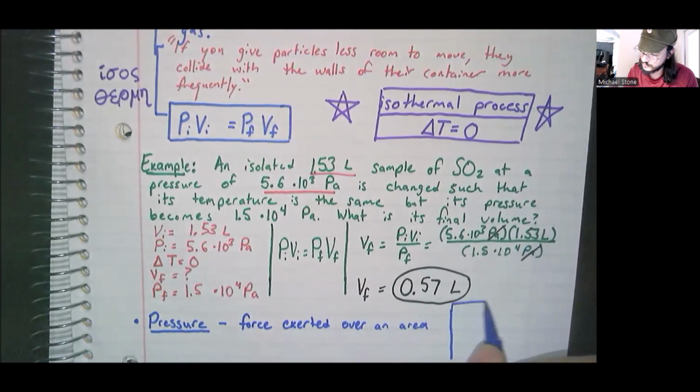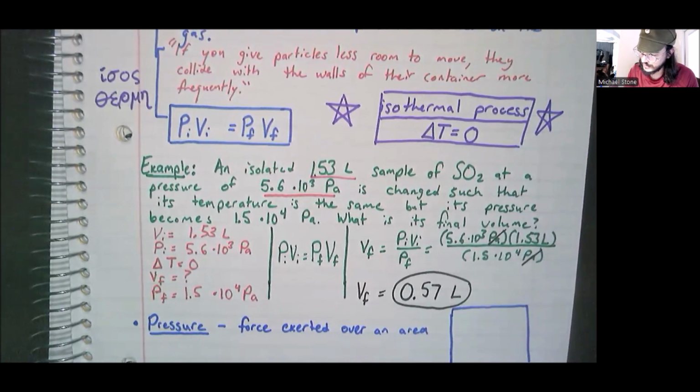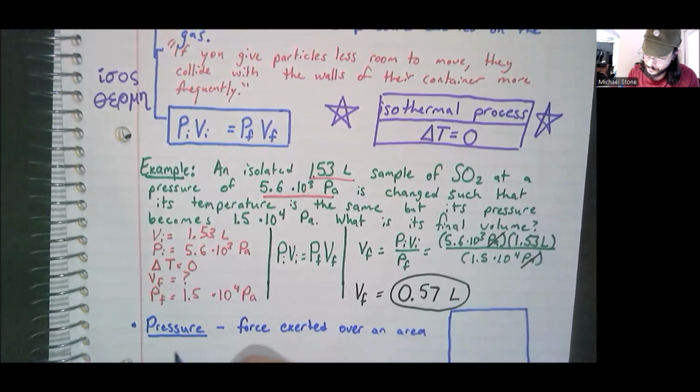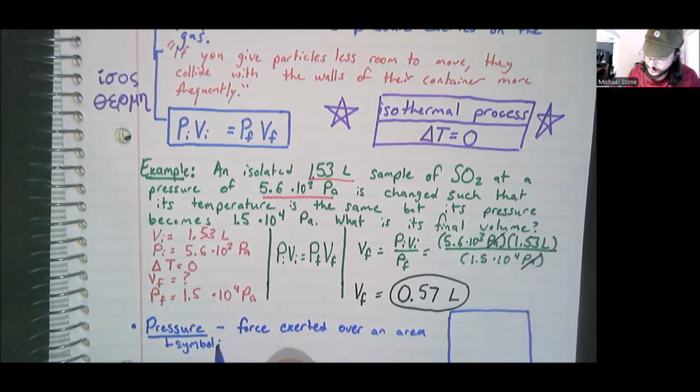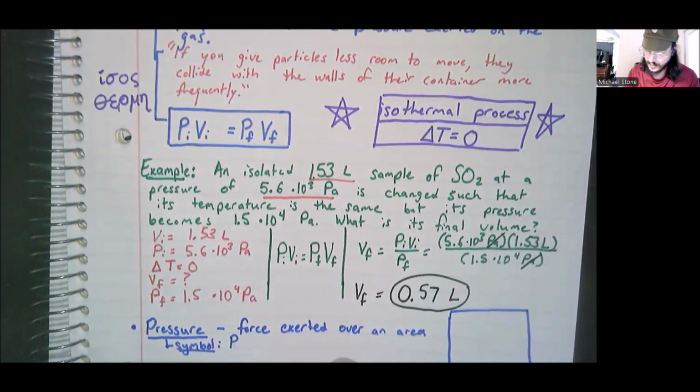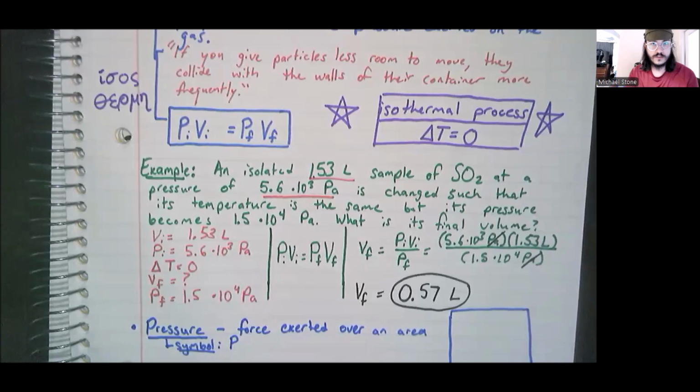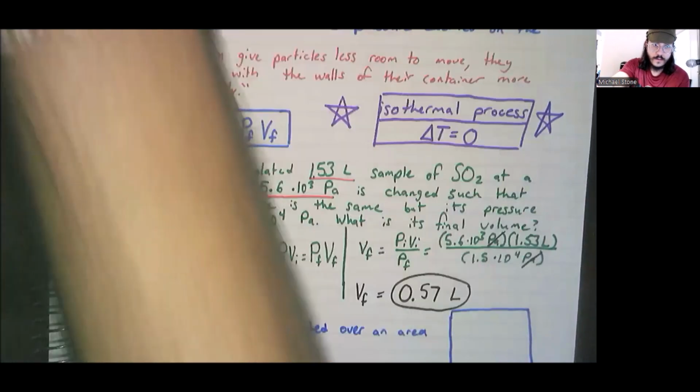That description makes the formula really easy to guess. The only thing you would need to know is what the symbol is to put in for pressure. And unsurprisingly, it's a capital P. Don't get it confused with the capital P for power.